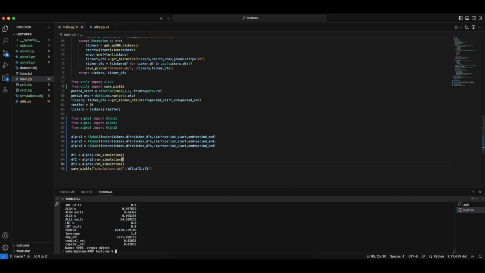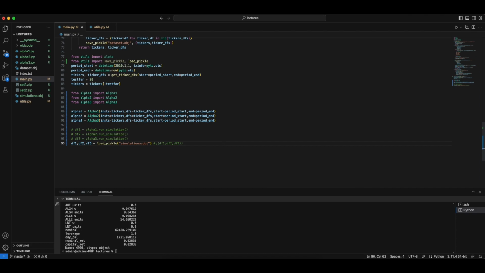Okay, our program has finished running, so let's do this. TF1, TF2, TF3 equals load pickle. Let's first of all plot some things. Let's see, plt.plot TF1.capital.